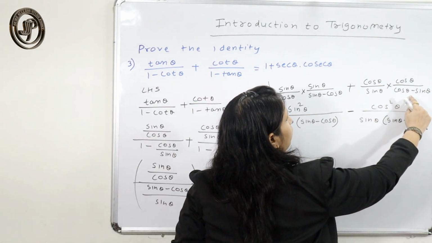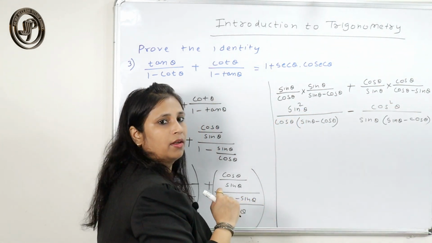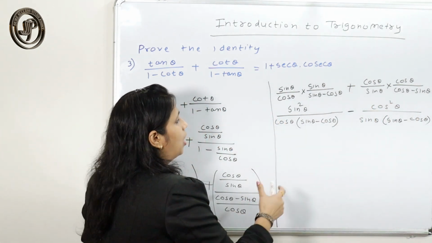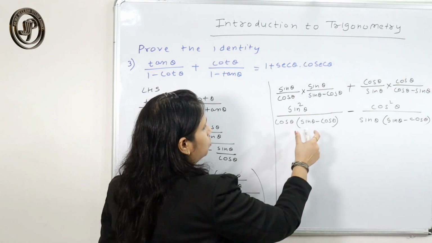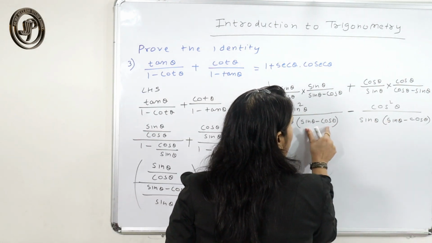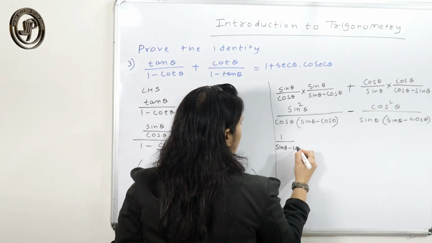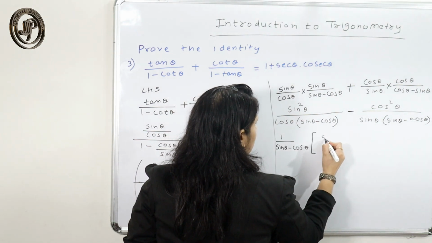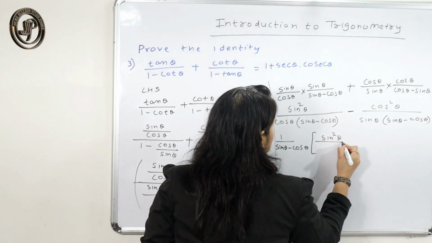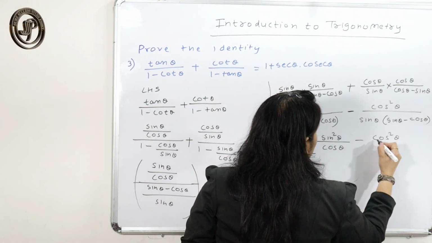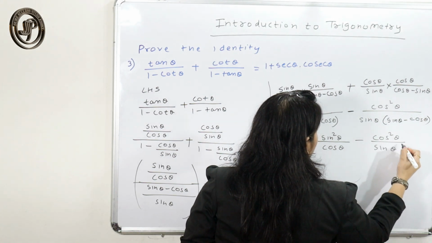So you have to take minus common. So if I take minus common, that minus will come here. And why have I done this? So that this becomes a common part and I can take it out. Okay. Upon sin theta.